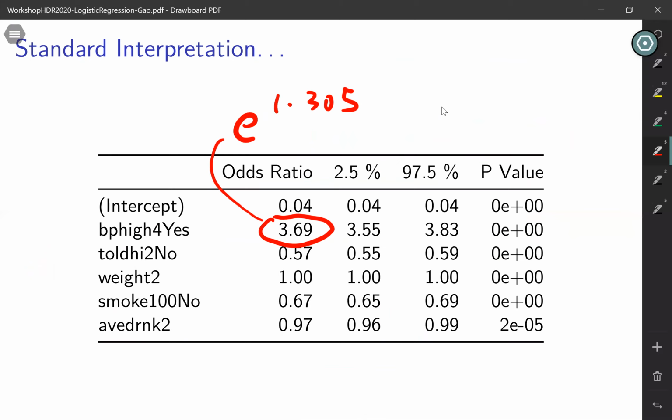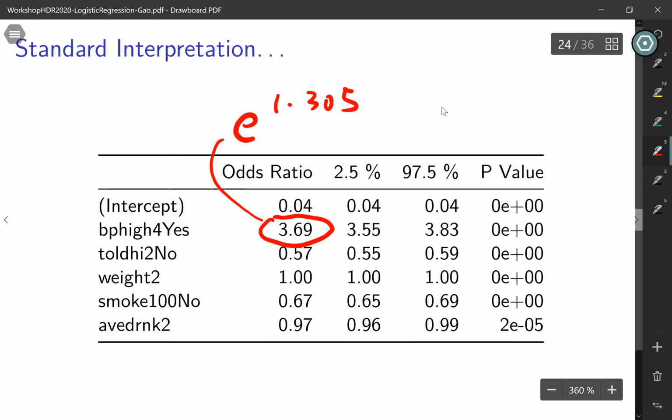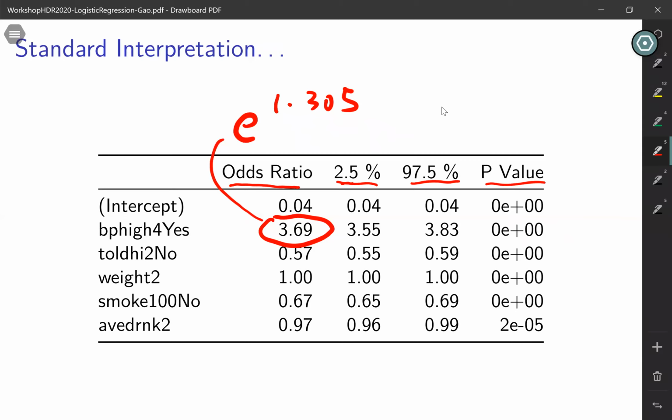After you get these numbers, we call them odds ratios. If you read the literature, whenever a paper uses logistic regression, this is quite common. It is a very standard statistic you have to report, the odds ratio. Now tell me what this 3.69 means.